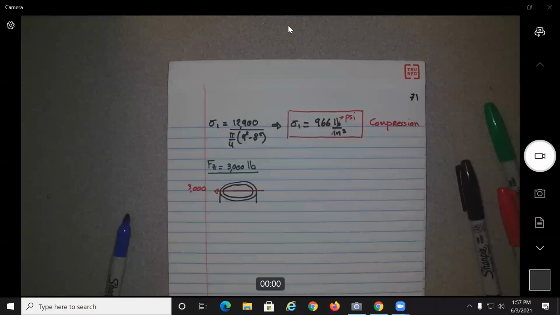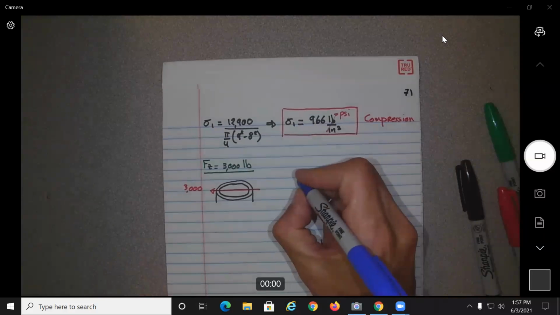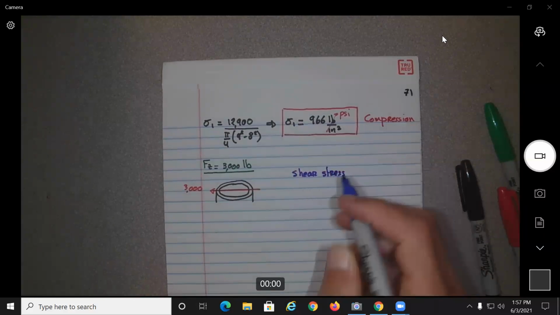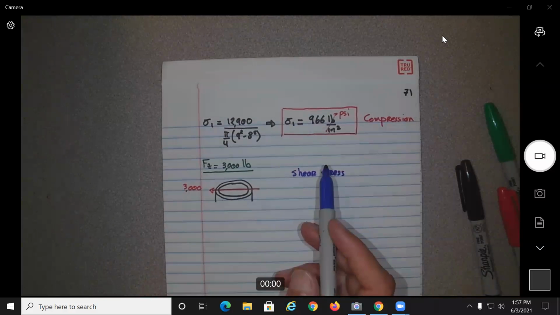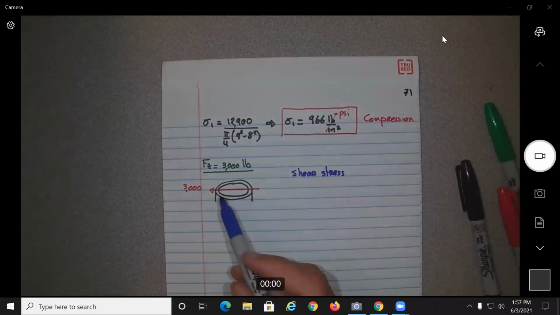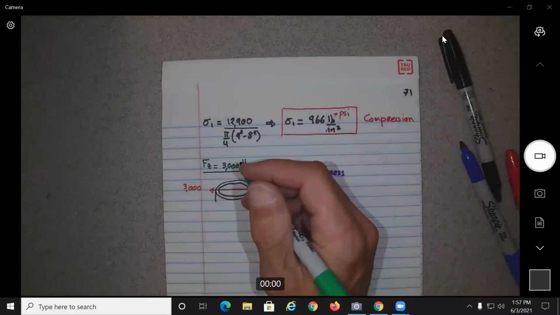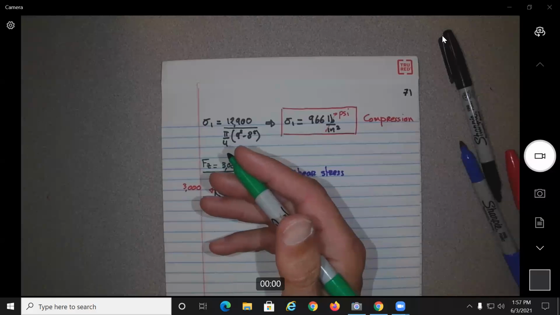But here, be careful. So this is producing a force, so shear stress. But again, is that shear stress due to torsion, or is it due just to the force that is tangential to the area? This is not torsion, no? Just tangential. So remember we're calculating everything at point H. So in this case, let's say our point H is here, okay?